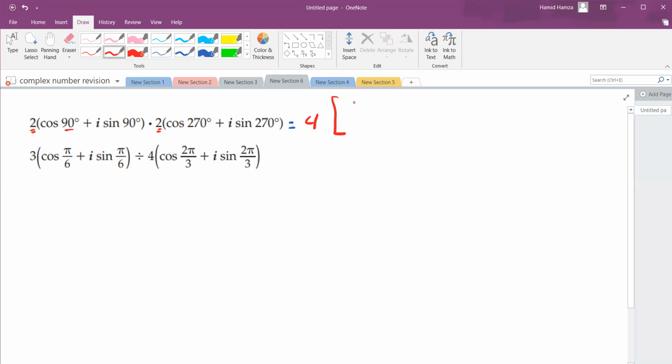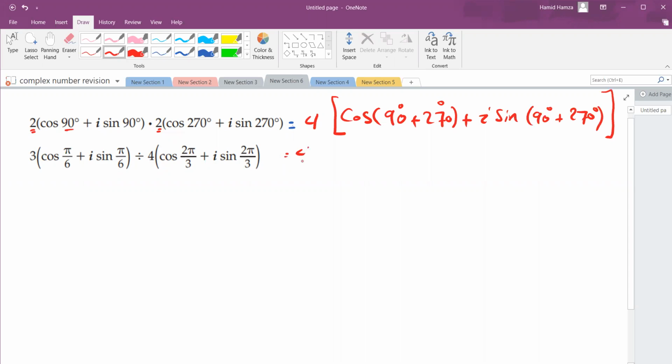So cosine of 90 plus 270 degrees, plus i sine of 90 plus 270 degrees, by multiplying the two moduli and adding the angles.